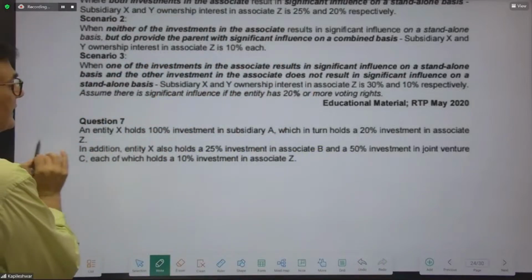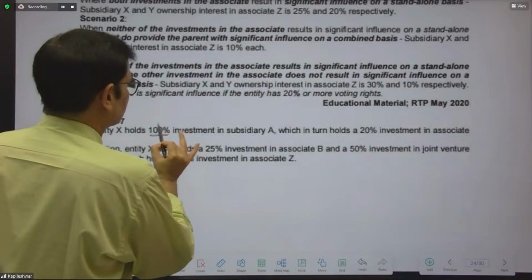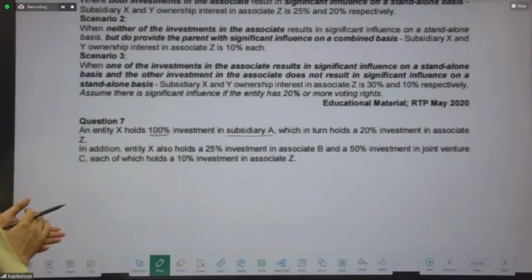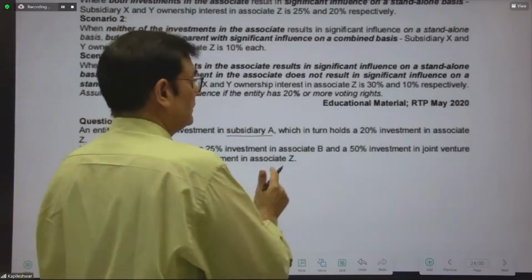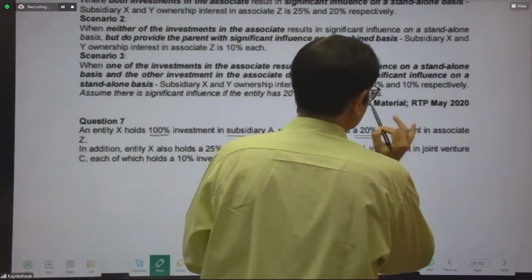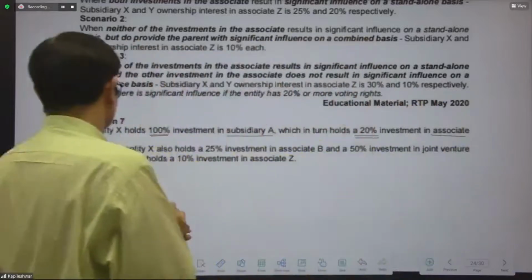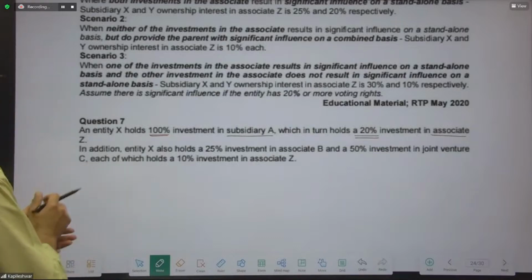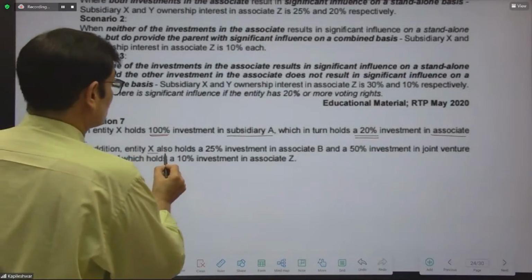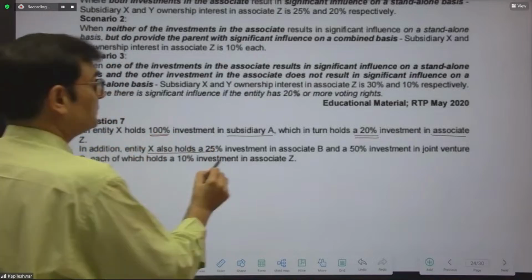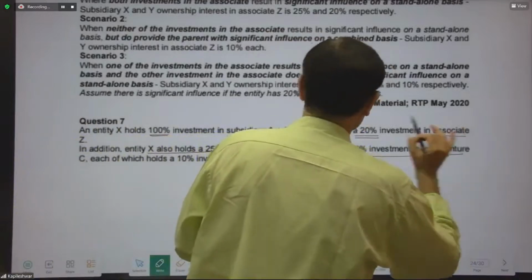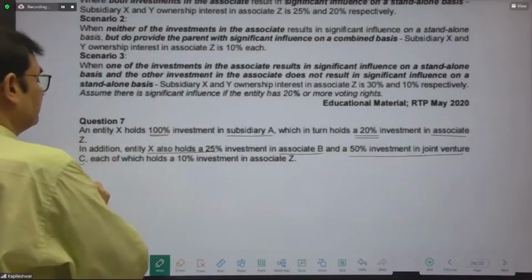It says entity X has got 100% investment in a subsidiary A. So X has got a wholly owned subsidiary A, which in turn has got a 20% investment in an associate. So X has got 100% in A, A has got 20% in Z. In addition, X also holds a 25% investment in an associate B, and it has also got a 50% investment in a joint venture C.